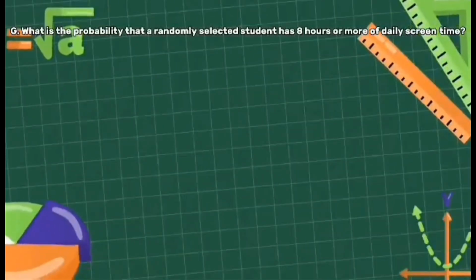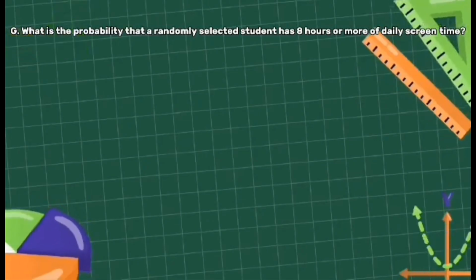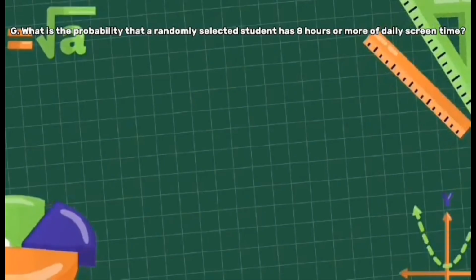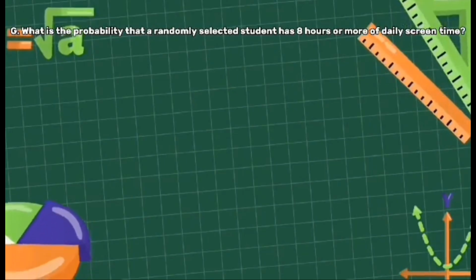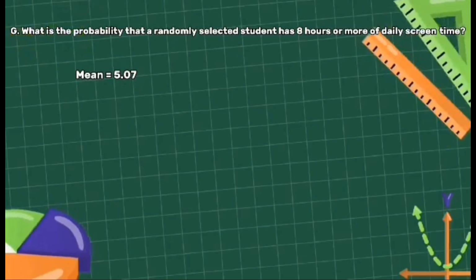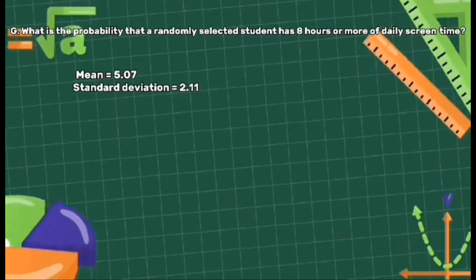I'll be discussing now letter G. What is the probability that a randomly selected student has 8 hours or more of daily screen time? First, identify the given values. The mean is 5.07 and the standard deviation is 2.11.